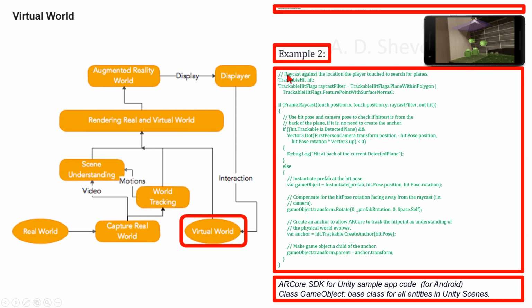And here you can see raycast against the location the player could touch to search for planes. Use hit pose and camera position.